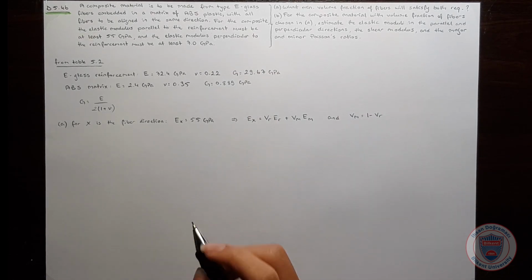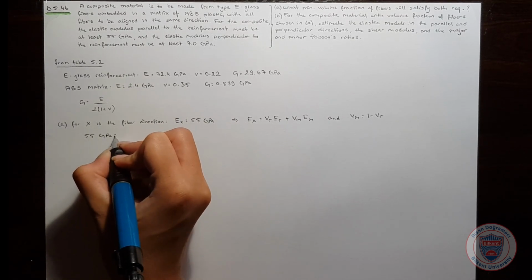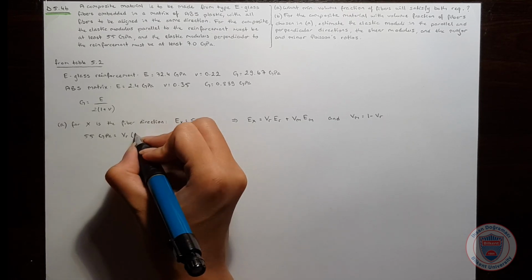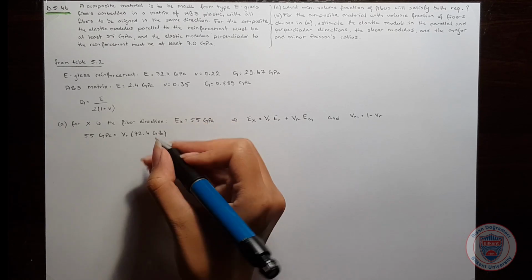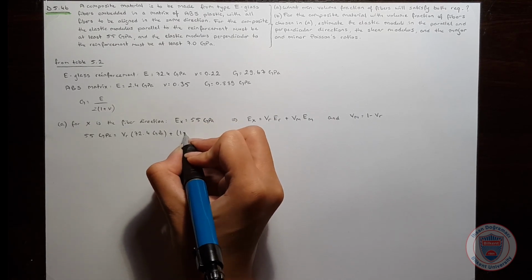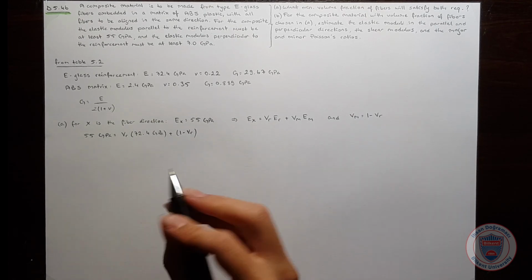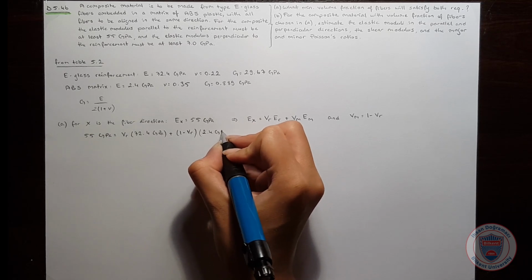When we substitute the values, we get 55 GPa is equal to VR times 72.4 GPa plus 1 minus VR, which is VM, times 2.4 GPa.